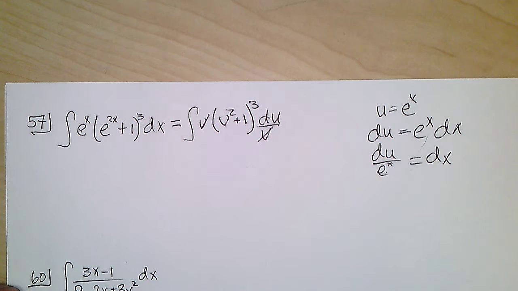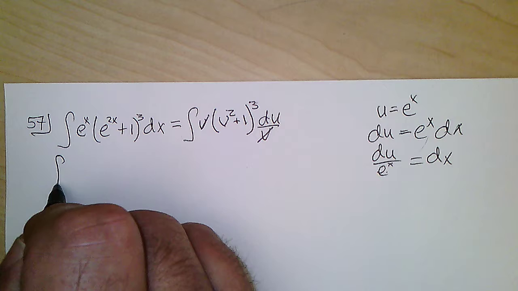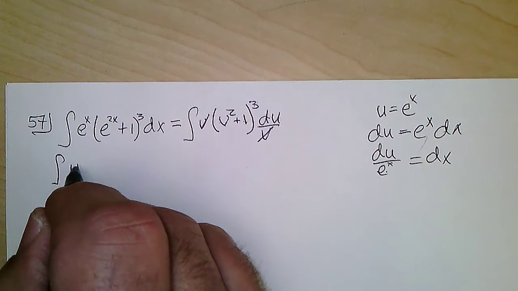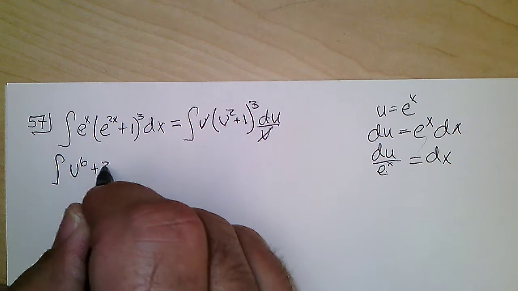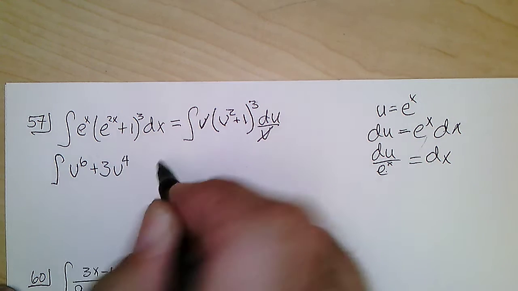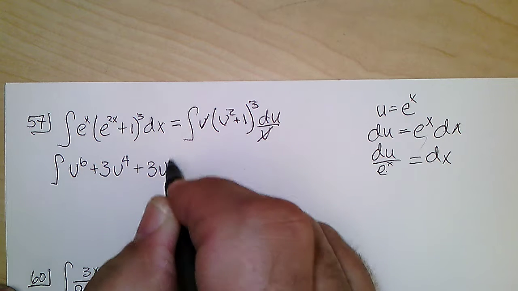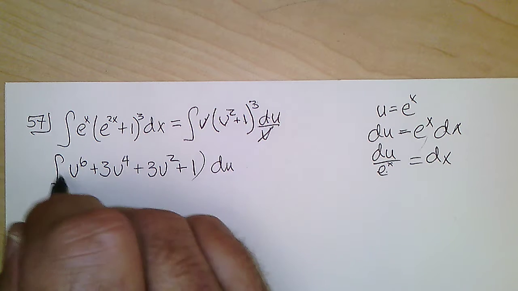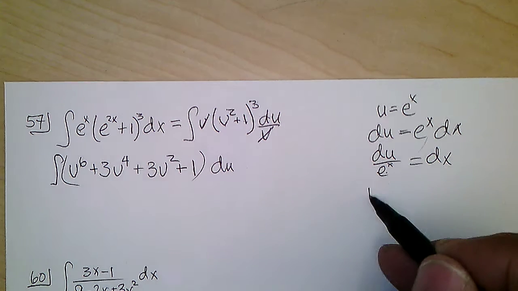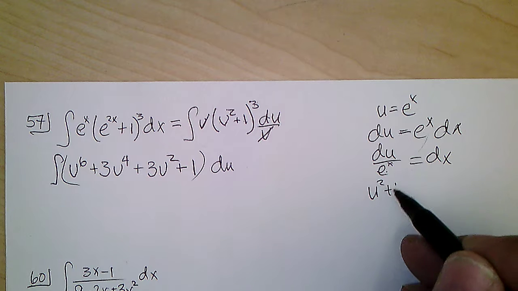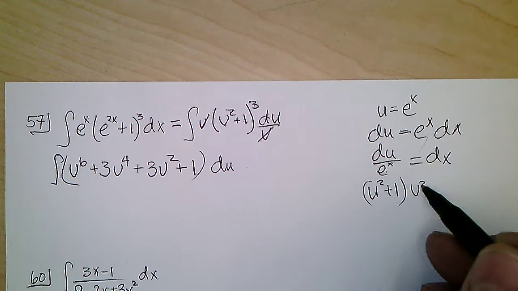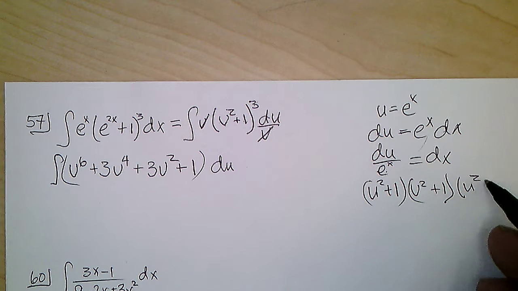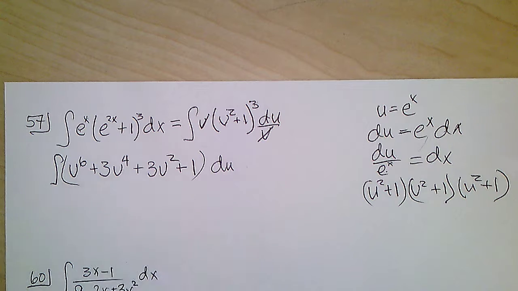And if I cube this, I get the integral of u squared plus 1 cubed is going to be u to the 6th plus 3u to the 4th plus 3u squared plus 1. Using the binomial theorem, if you don't get that, do u squared plus 1 times u squared plus 1. Get that answer and take that times u squared plus 1, and you should end up with that.